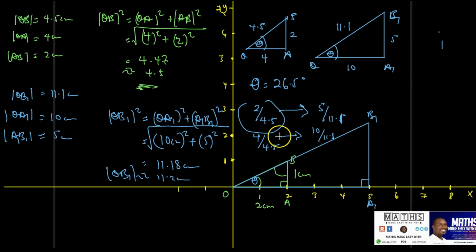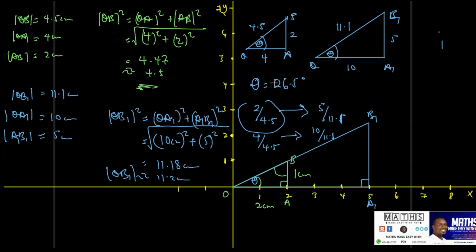Now, let's come back to this one, and let's investigate which trig ratio goes along with it. We had 2 divided by 4.5, and the answer it gave us was 0.4444. How do we get that answer very close to the angle here?